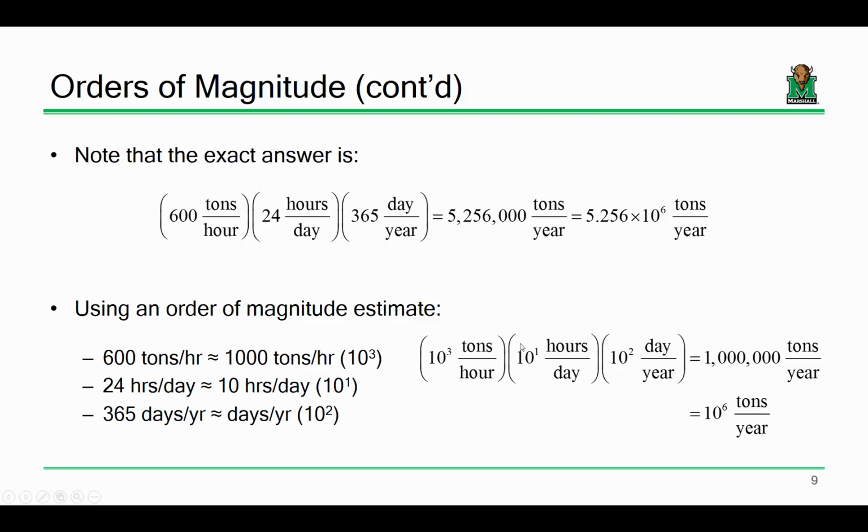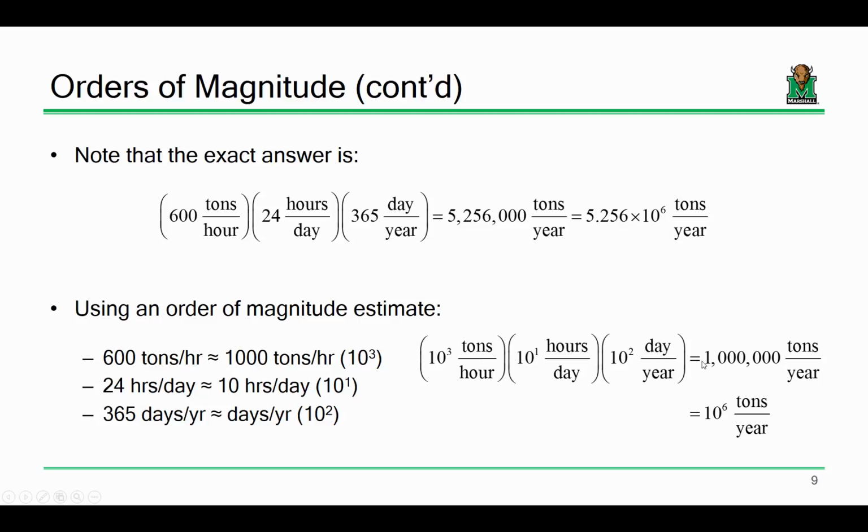And so you can see that these are really rough approximations, but we are only interested in the answer to the nearest order of magnitude. And here is the exact answer where we do the calculations on a precise basis. You see when you do that, it's about 5 times 10 to the 6th tons per year. But what about our sloppy estimate where we are rounding everything to the nearest order of magnitude?